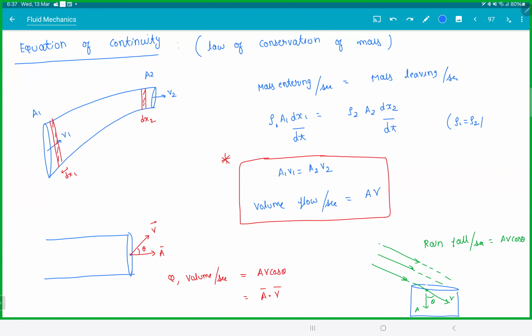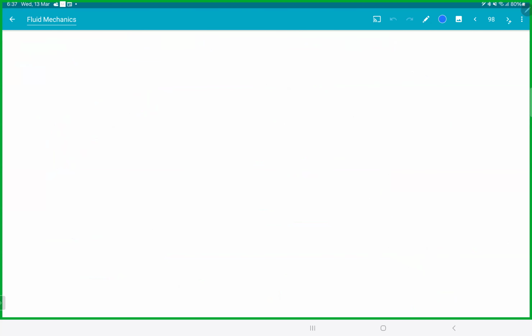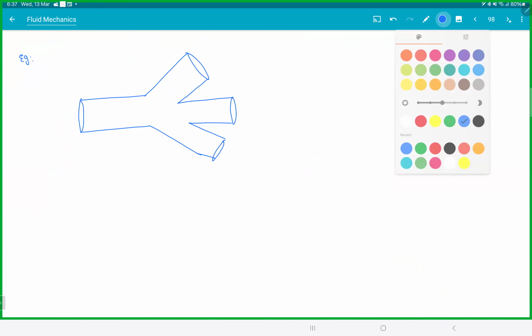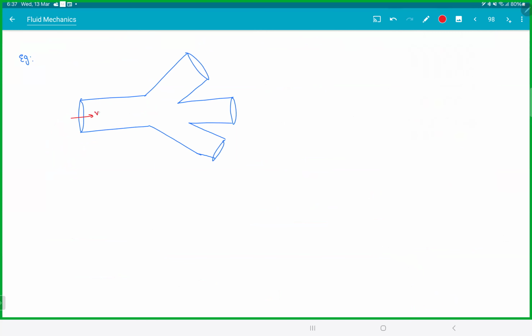So, clear? Example. This thing, you can always use it even for multiple openings. So let's say liquid is entering with V1, area A1, V2, area A2, V3, area A3.